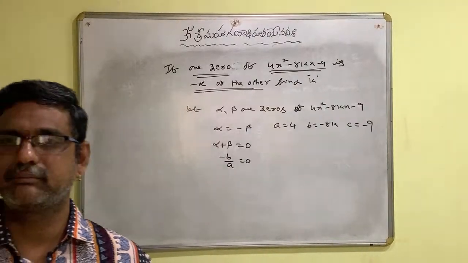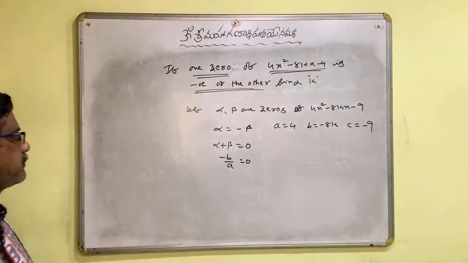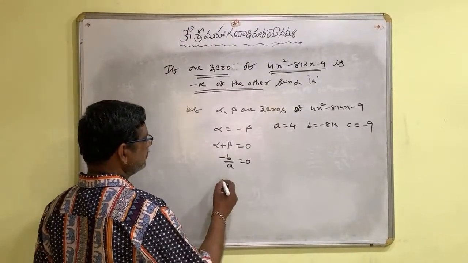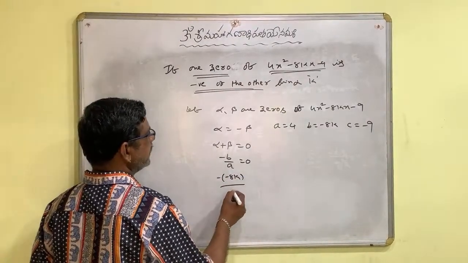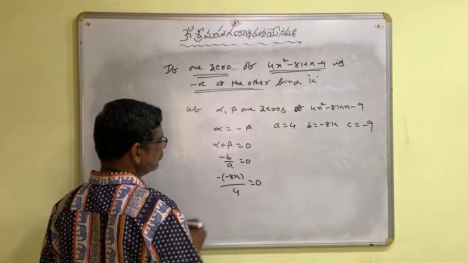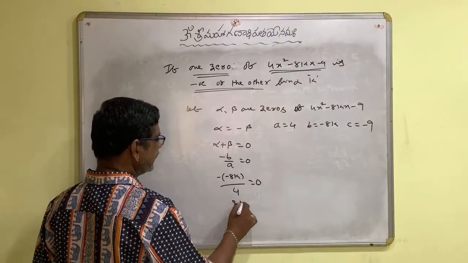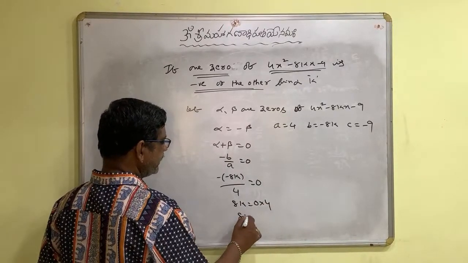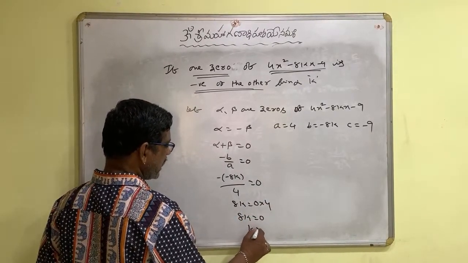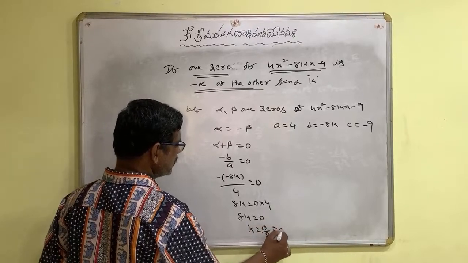Now substitute the values: minus of minus 8k by 4 is equal to 0. So 8k is equal to 0 into 4. 8k is 0, k is 0 by 8 which is 0.